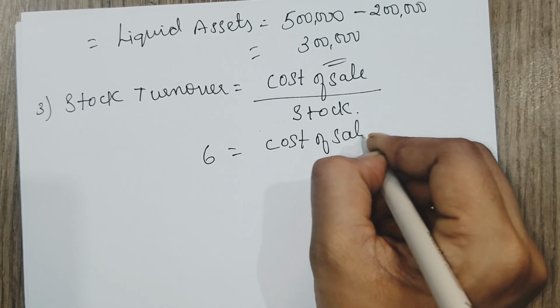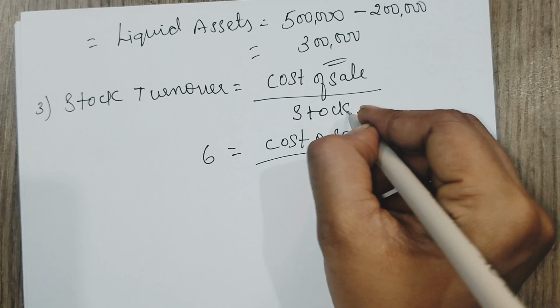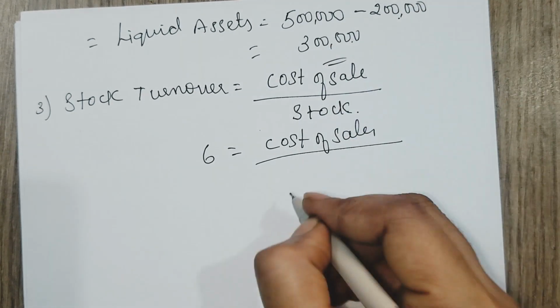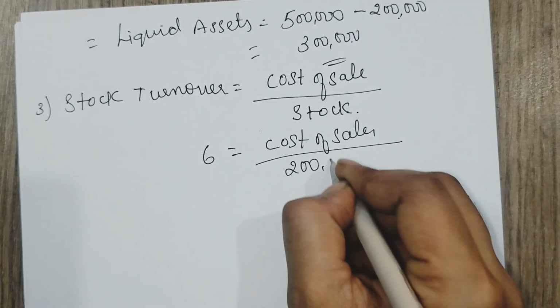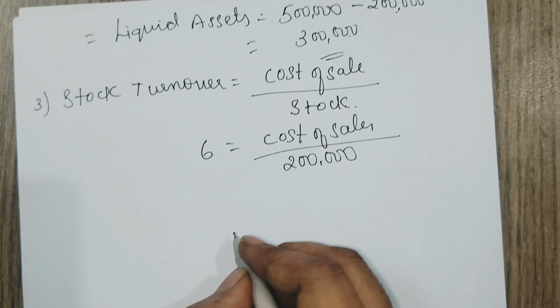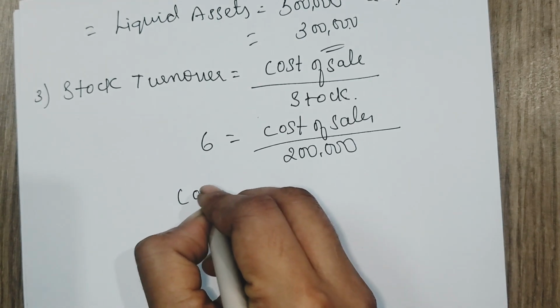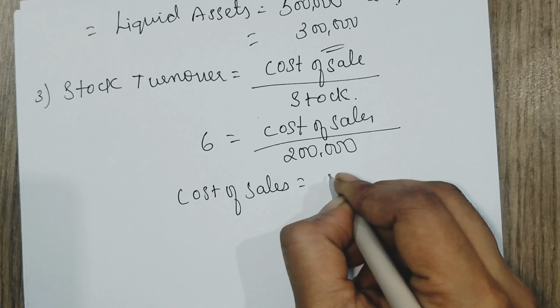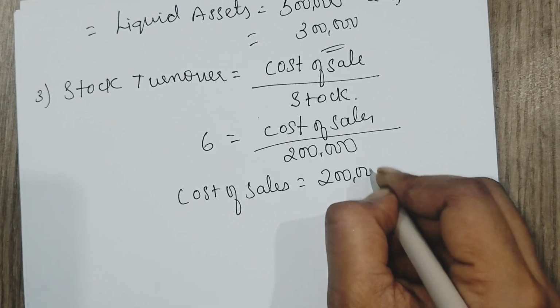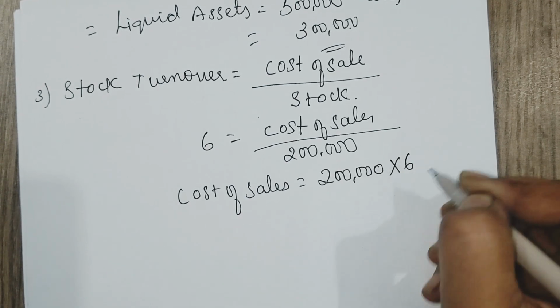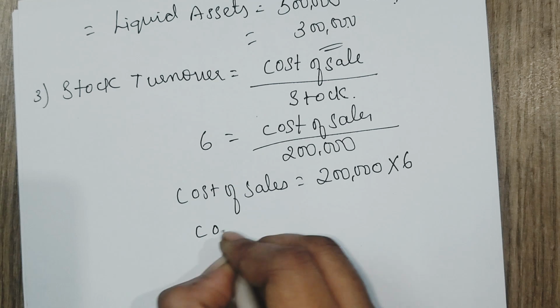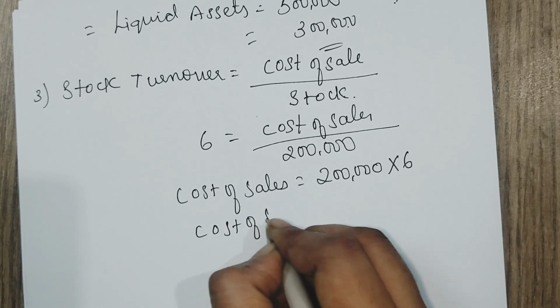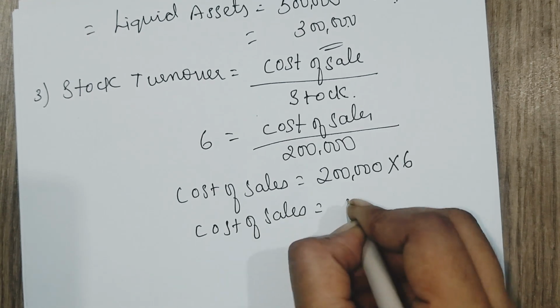We don't know cost of sale, but stock we have calculated, that is 2 lakh. Then cost of sale is equal to 2 lakh into 6. Cost of sale is 12 lakh.